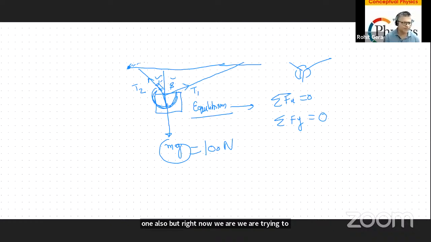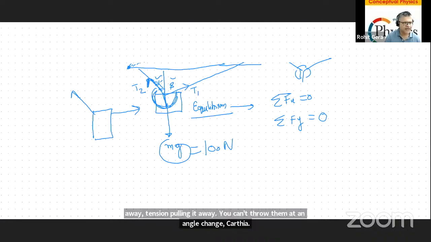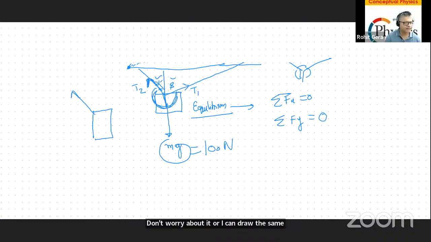The tension is pulling this block like this. So one part of this tension, now tension and vectors. If I look into the free body diagram of this block, look at the way it works. Tension pulling it away, tension pulling it away. I changed the angle a little, don't worry about it.